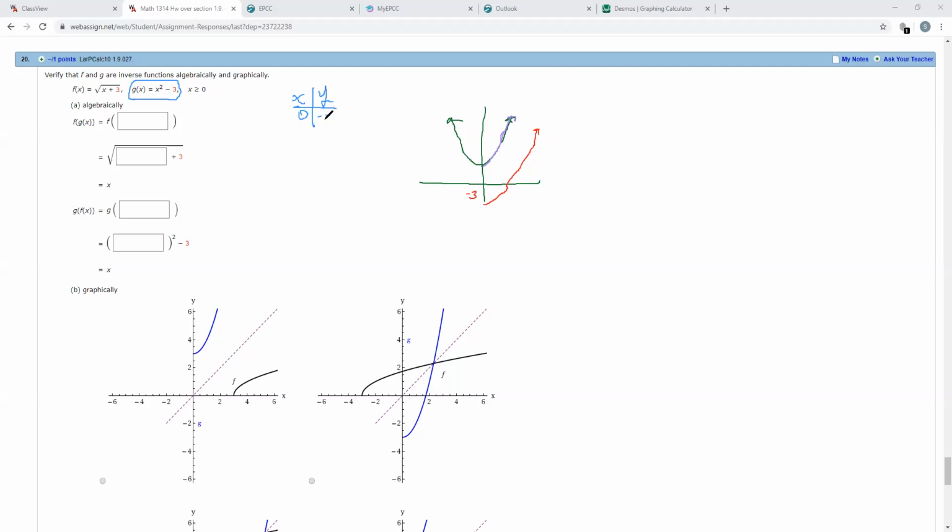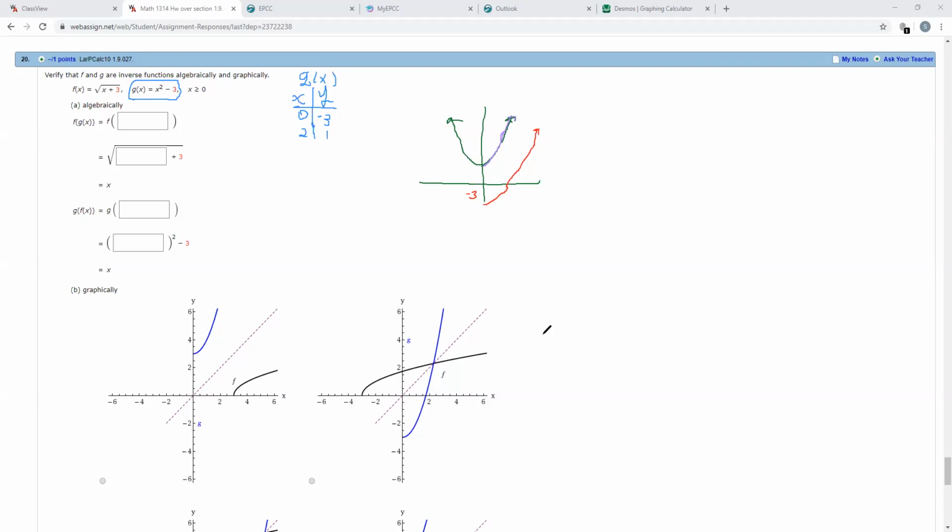That's the vertex, and that's where this parabola starts. Or you could just plug 0 in here and get -3. Let's just pick one more. How about 2? When x is 2, 2 squared is 4, 4 minus 3 is 1, and we get 2, 1. So these are 2 points out of infinitely many points that are on the function g.